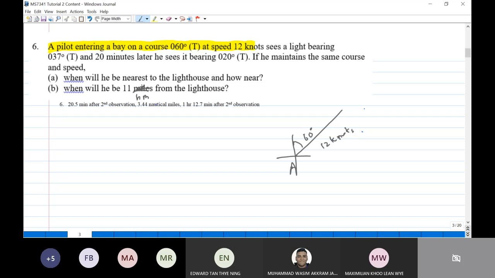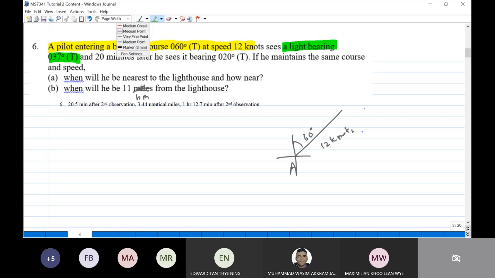This is speed, not distance. You see a light bearing 37 degrees. So you have to draw another one somewhere.